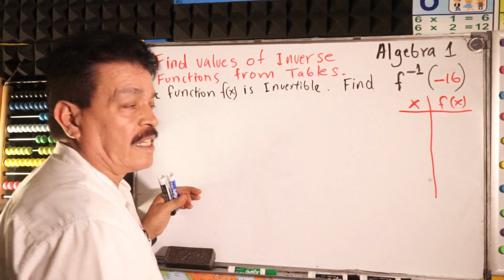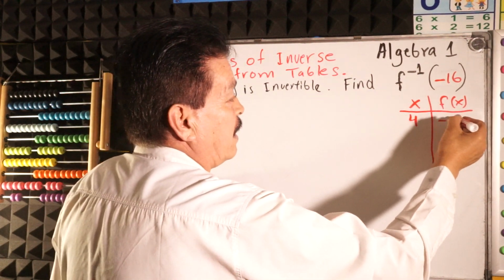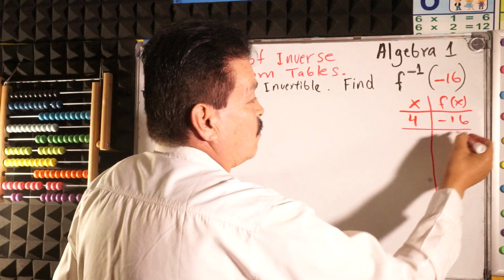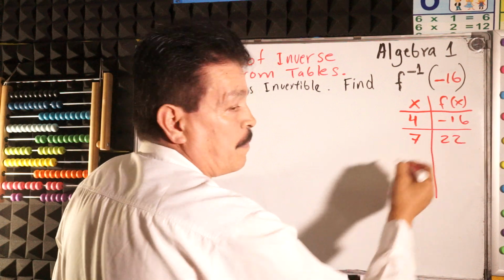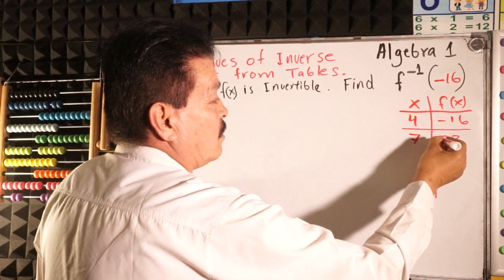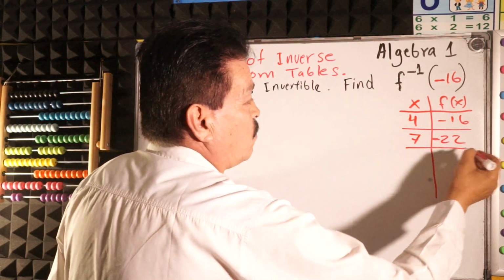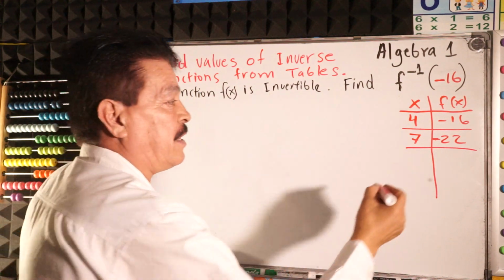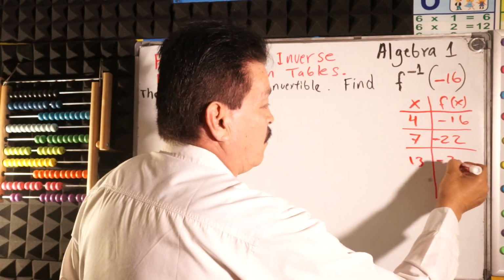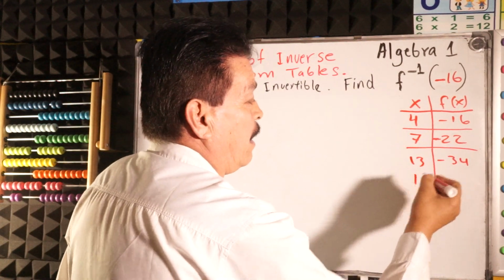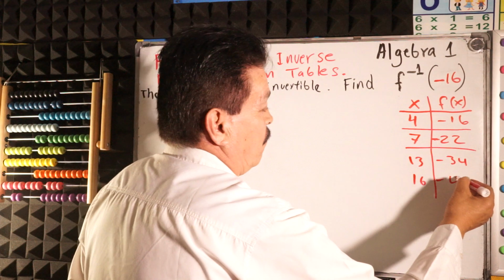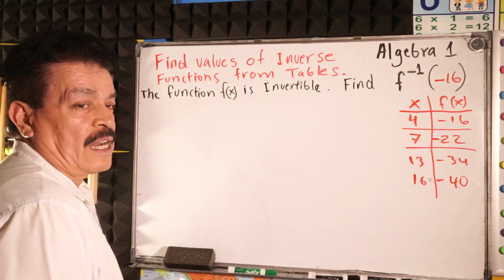The values on this table: the first is 4 and negative 16, the second one is 7 and negative 22, then 13 and negative 34, and 16 and negative 40. Those are enough.